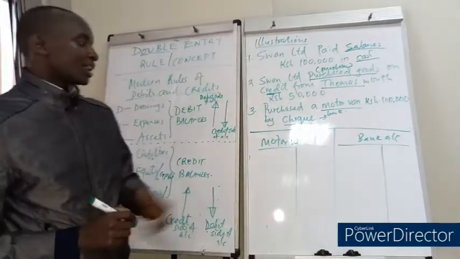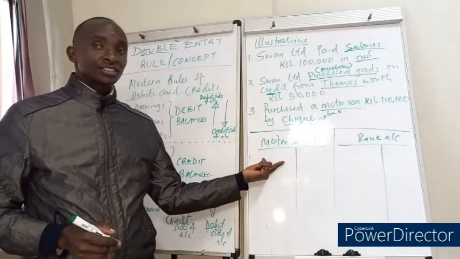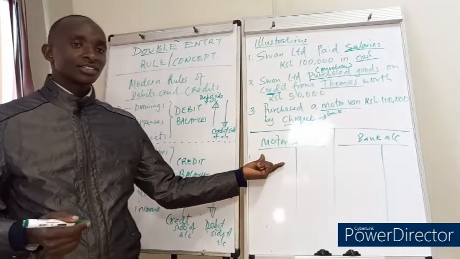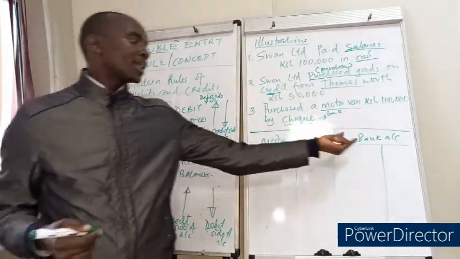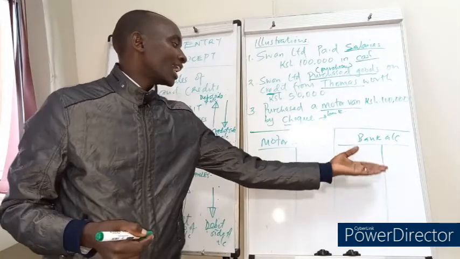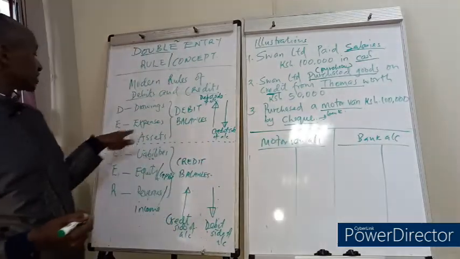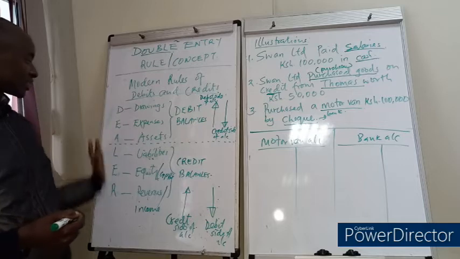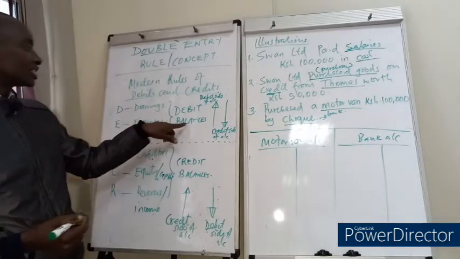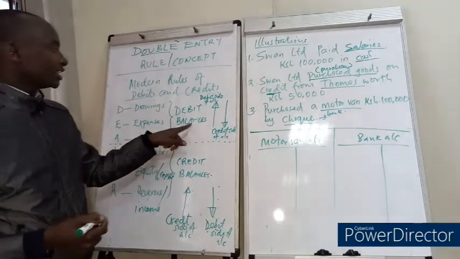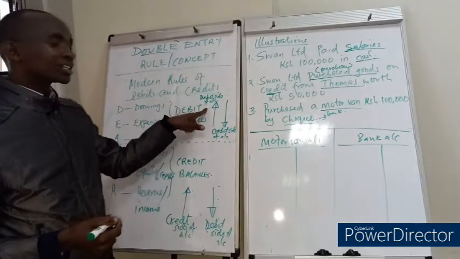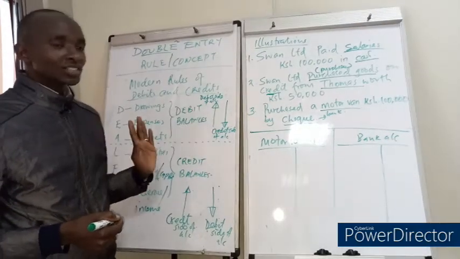isn't it? A motor vehicle is an asset in an organization. It helps in generating revenue in the long run, isn't it? A bank account is an asset also. And these assets have got debit balances. Increasing the assets, you increase on the debit side. Decreasing, you decrease on the credit side.